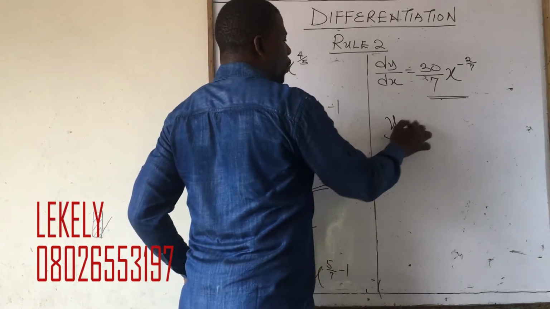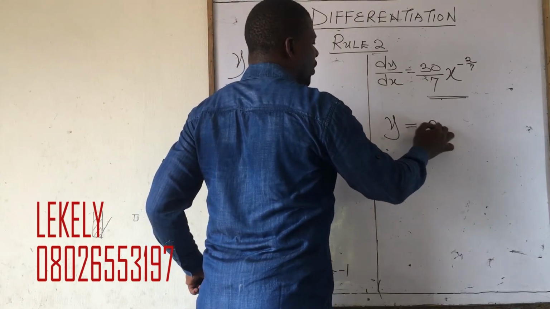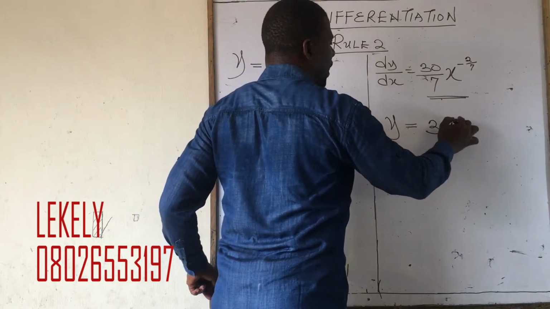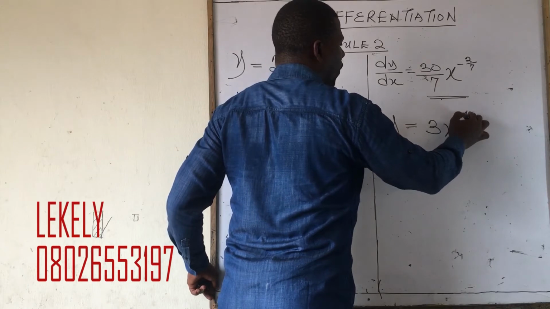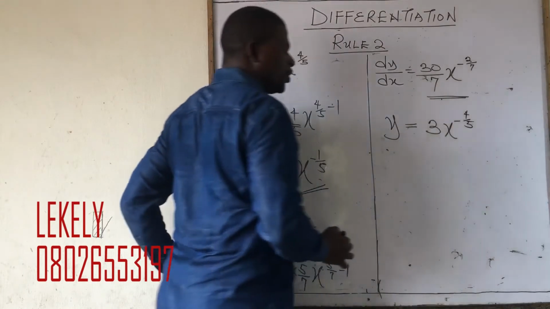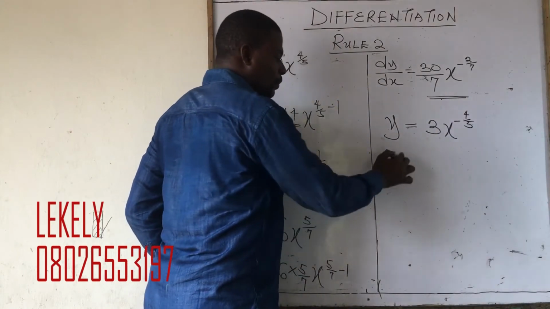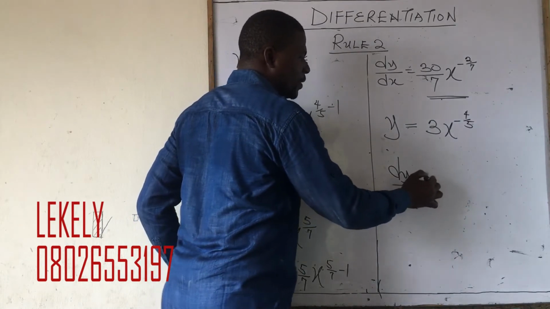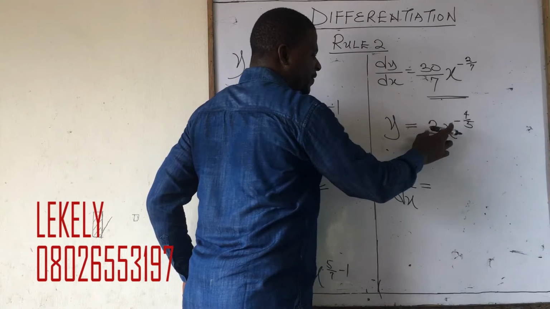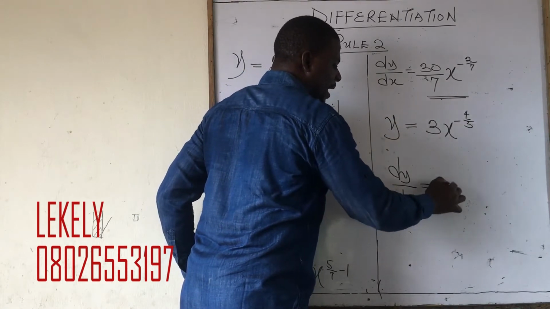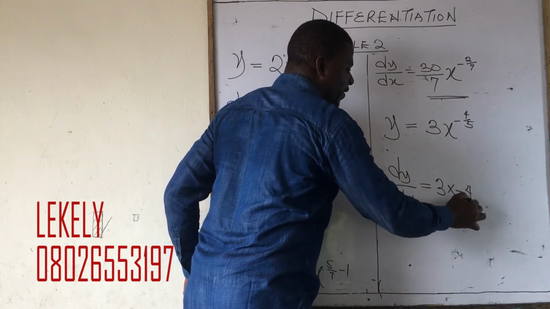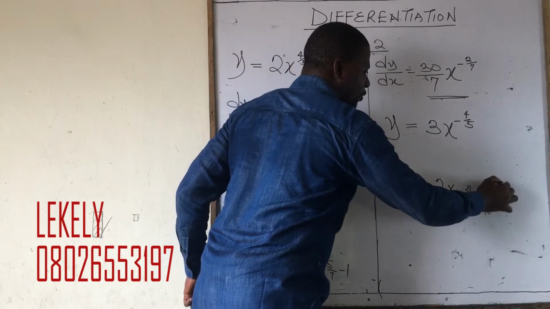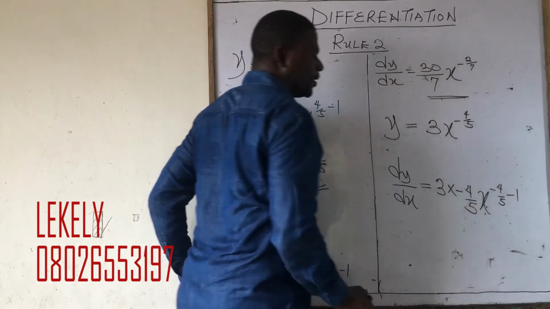And lastly, if I have y equals 3x raised to power minus 4 over 5, differentiate. So my dy/dx will now be minus 4 over 5 times 3. So 3 times minus 4 over 5, then x raised to power minus 4 over 5 minus 1.